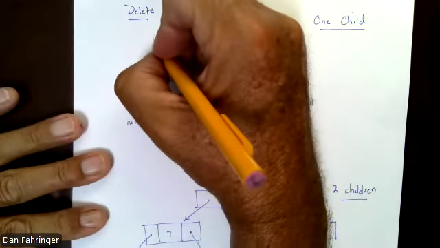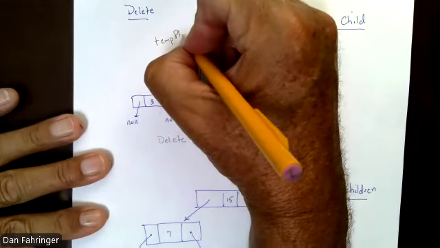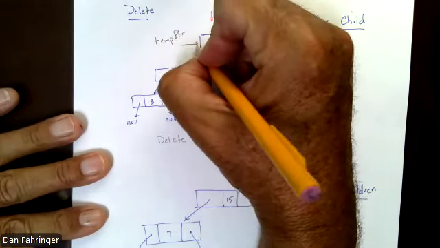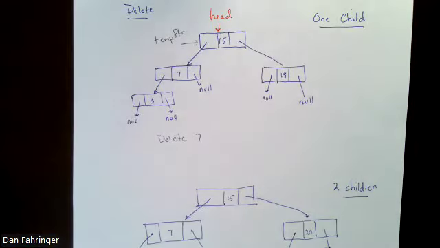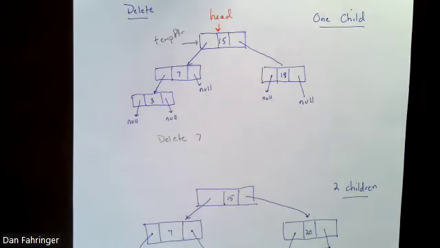This is just me thinking out loud. I'm going to have a temp pointer that is currently pointing to 15. I don't know if there was stuff before it or down there. I just know right now it's pointing at 15 and I'm looking for 7. So talk to me.